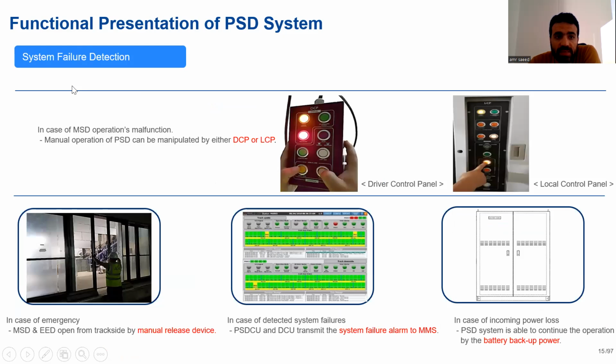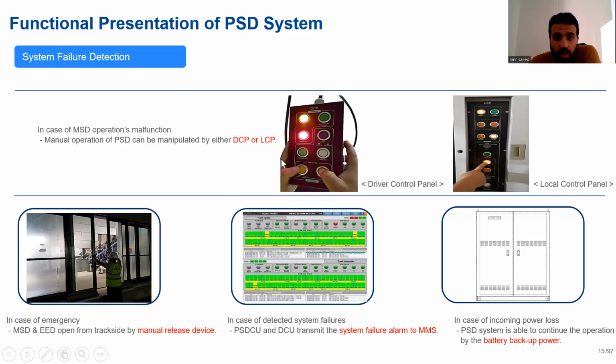Here, if there is a system failure detection, how can we move the system? We said before we can control MSD in 3 ways: DCU, DCB, or LCB.